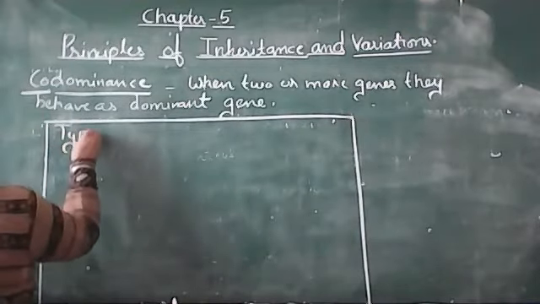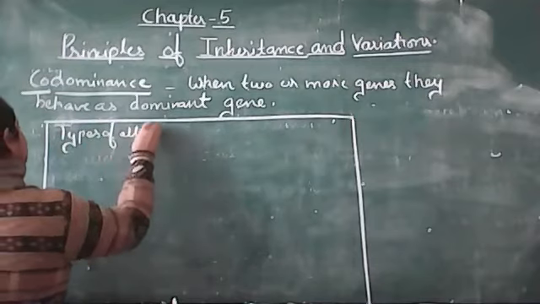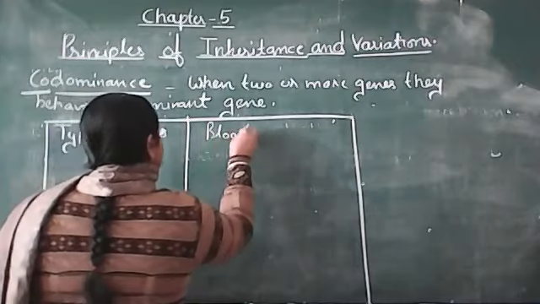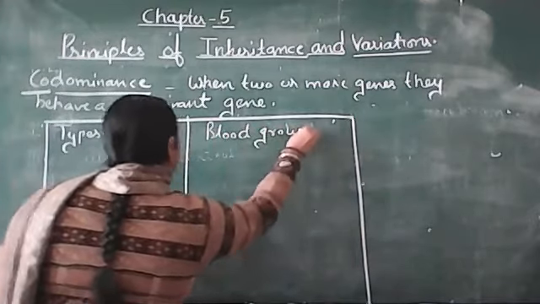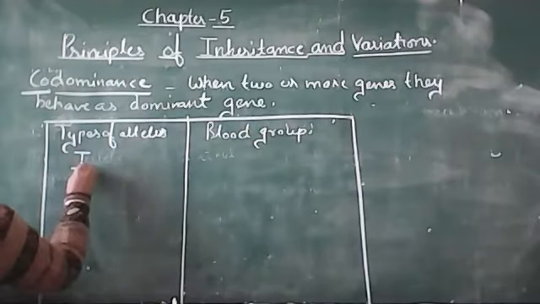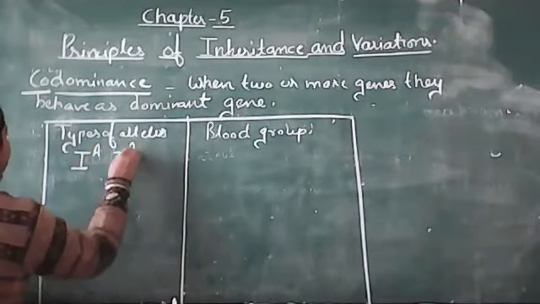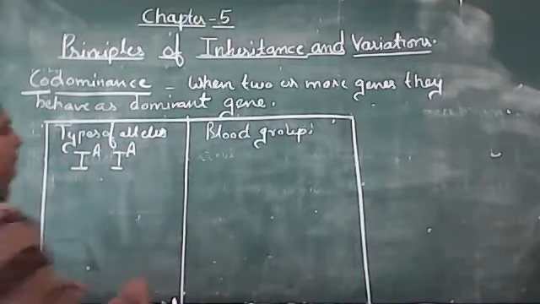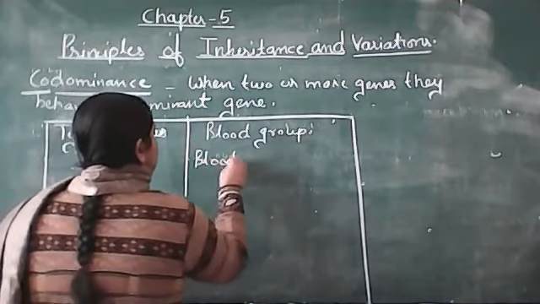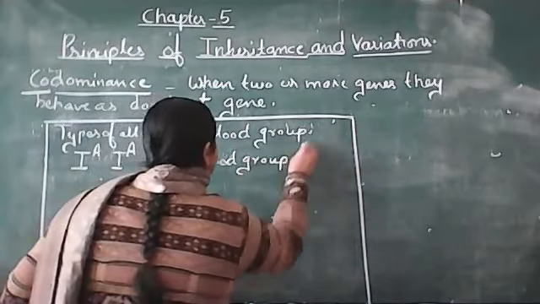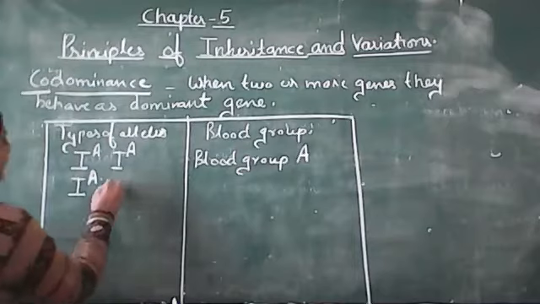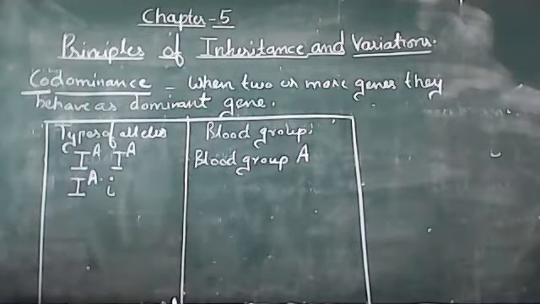Okay students, types of alleles and blood group on the basis of that. If we have allele IA and IA twice, as you know that IA is a dominant type of allele, so the blood group of that person is A. If a person has one IA allele and one small i allele, you know that IA is a dominant allele and small i is the recessive one.